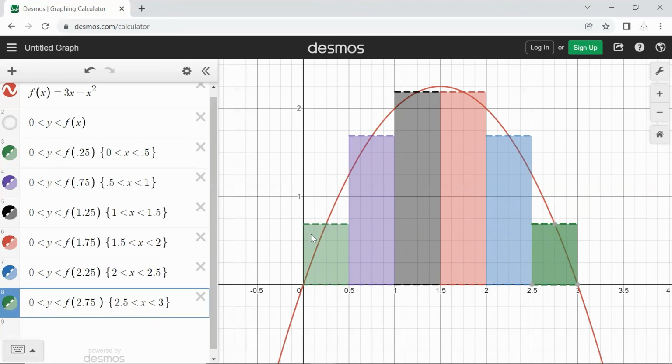So we're losing some area here, but gaining some here on this first rectangle. We're losing some area here, but gaining some here on the second rectangle, and so on and so forth. So it's an approximation, but it might not be a perfect representation of the total signed area. So that's the concept of left-hand rule, right-hand rule, midpoint rule.